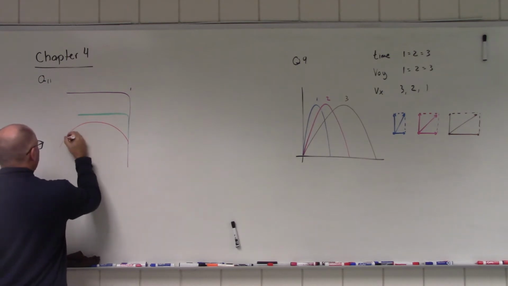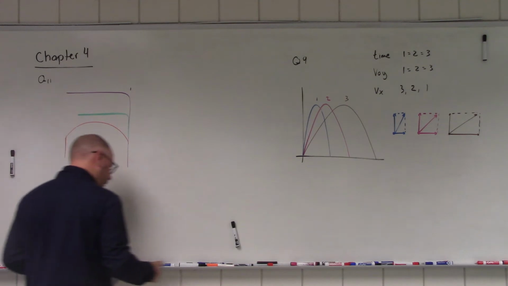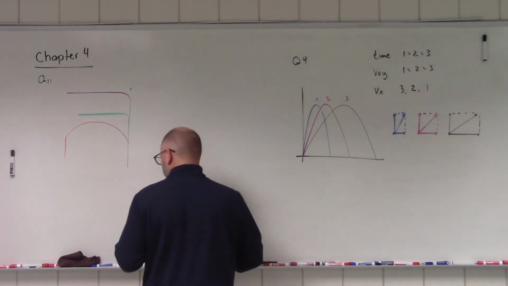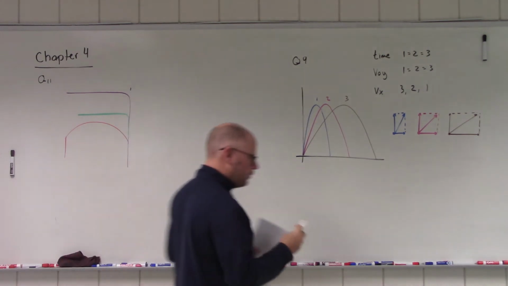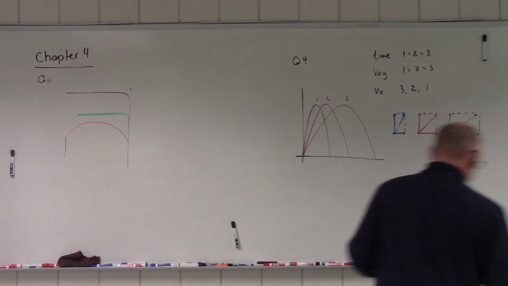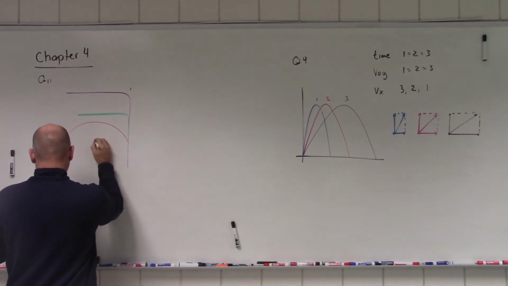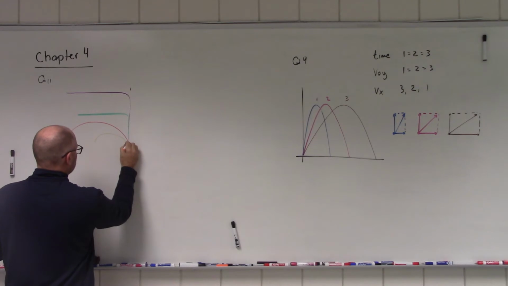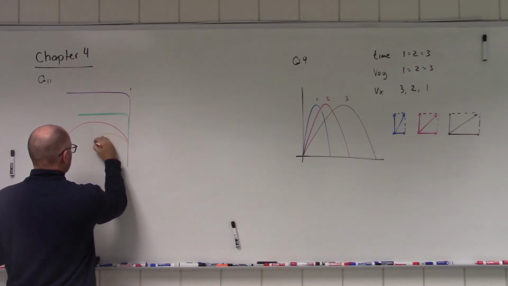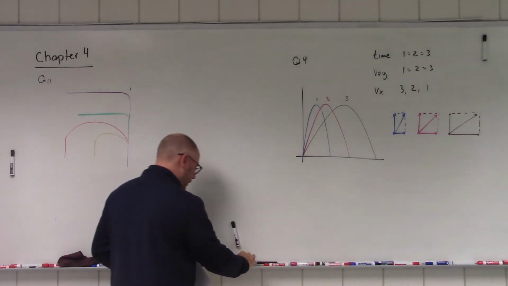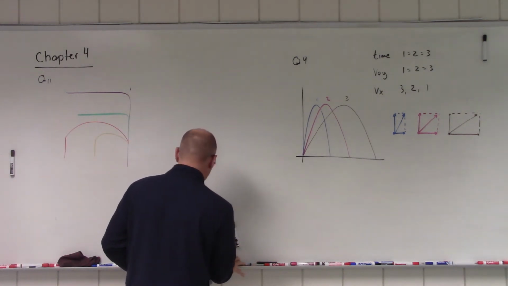There's curve 3, which is orange. See if I have orange that works good. Okay. Now, you obviously can see those in the textbook, but this is what they look like.